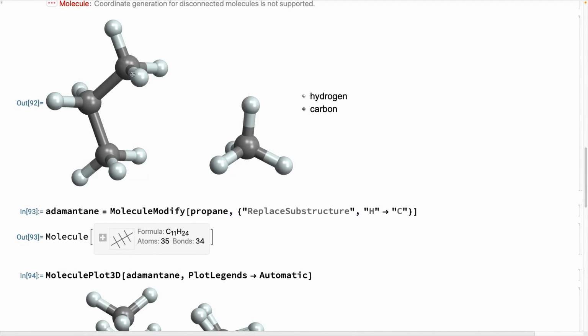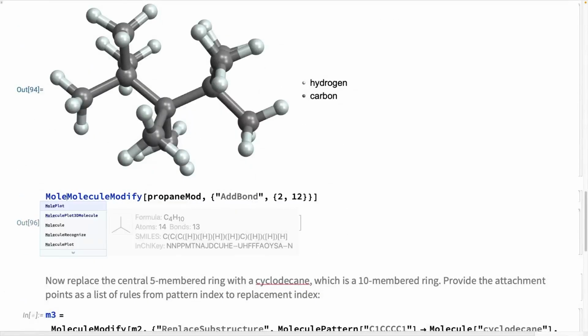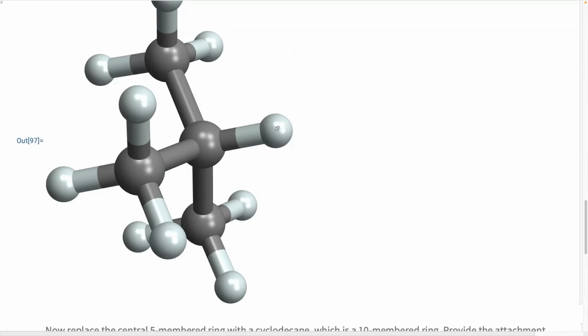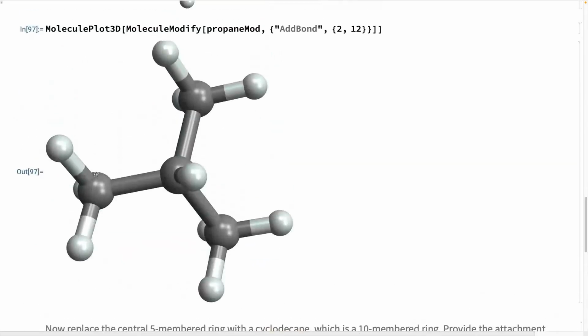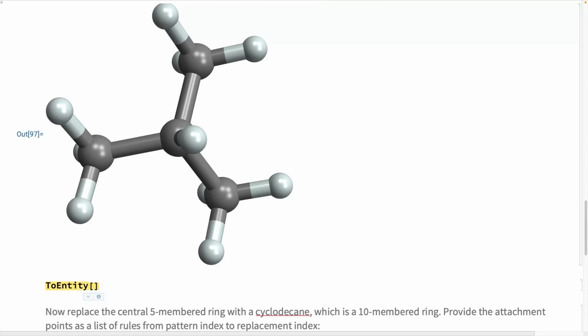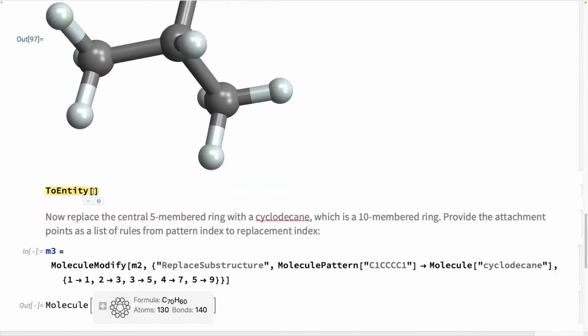So I can add a bond between the second atom here and the 12th atom from here, and that would create a new structure that looks like this. And we can also say, oh, okay, well, if we've got that, what is that? Using the entity framework, I can see maybe this is a chemical, take this molecule here, and see if it's an existing chemical.